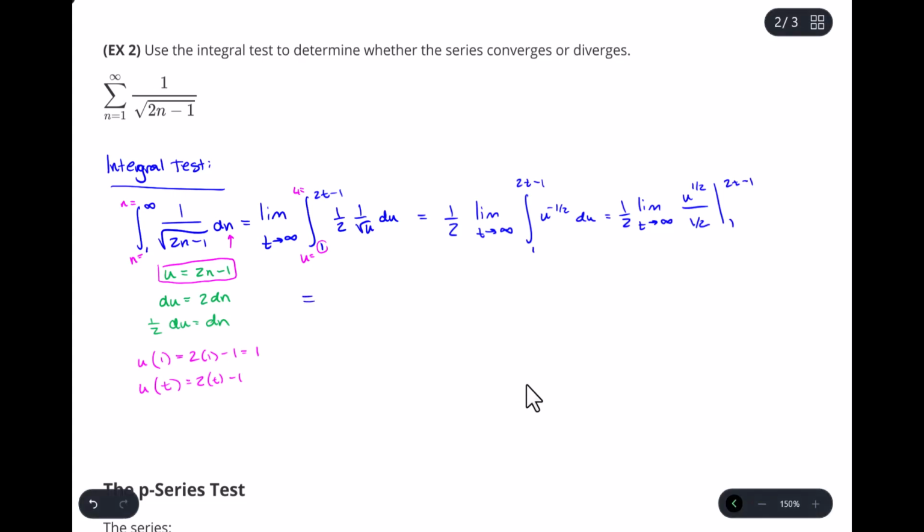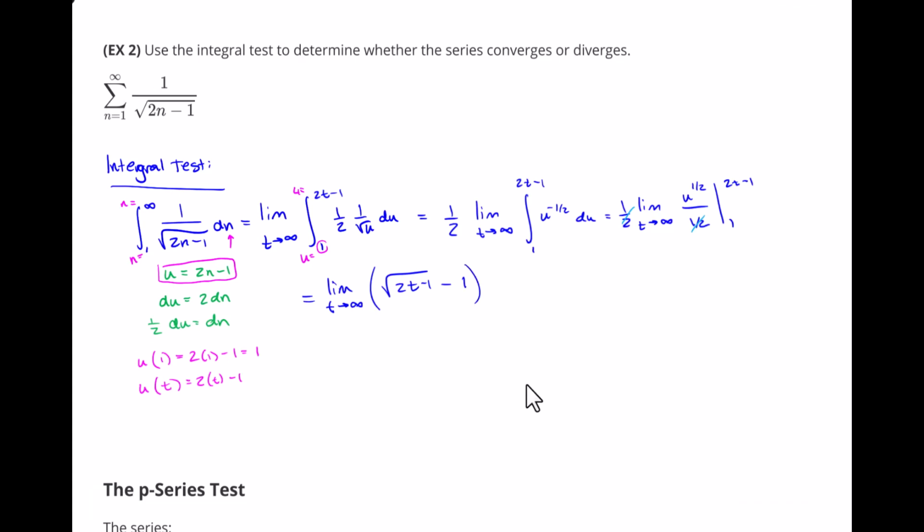The 1/2 can come out as a multiplier, but it'll actually cancel with the 1/2 that's on the outside because it's dividing. So those will cancel. That's fine. And then I have the limit as t goes to infinity of the square root of 2t minus 1 minus the square root of 1, which is just 1.